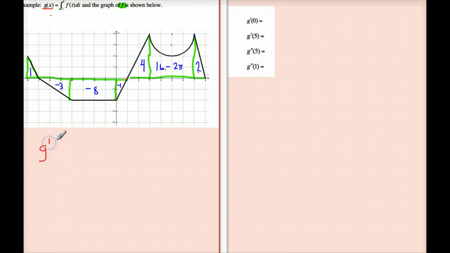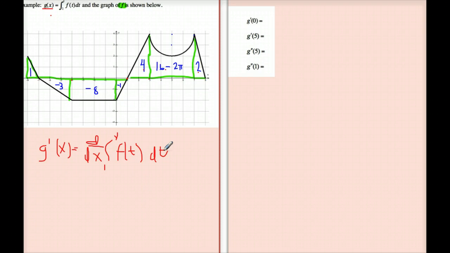If I want g prime of x, I need to take the derivative, d/dx, of the integral from 1 to x of f of t dt.